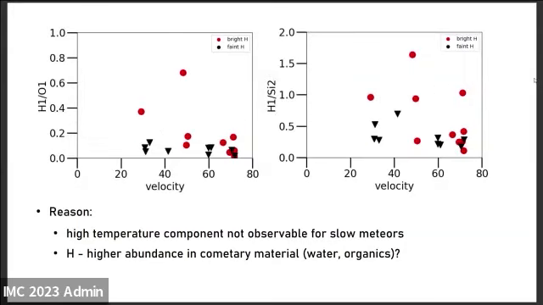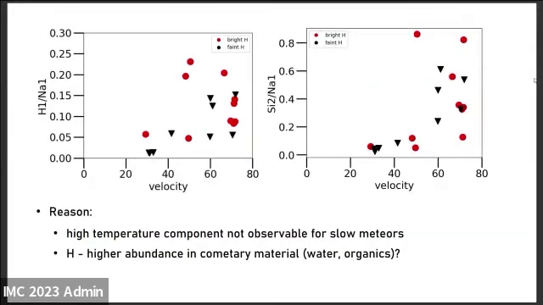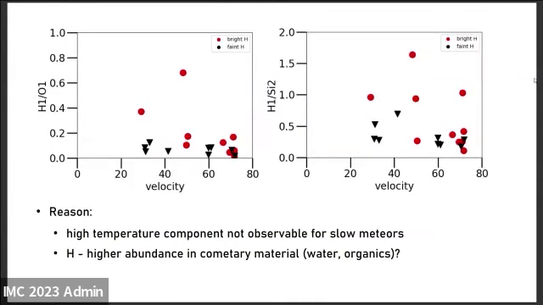In this case, you are kind of comparing apples to oranges, because you are comparing the low temperature and high temperature components. So we can look at the relative intensities if we compare only the members of the high temperature component. And you can see that the velocity dependence disappeared, and that there are really meteors with a higher abundance of hydrogen.